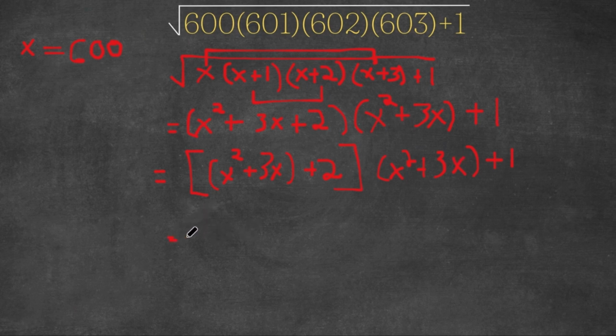So this equals x squared plus 3x whole squared, because remember, these two multiply, and we add this with 2 times x squared plus 3x, and we still have our plus 1.